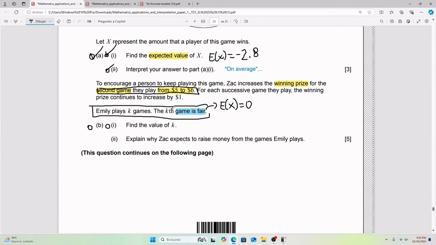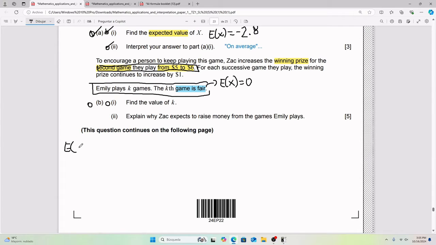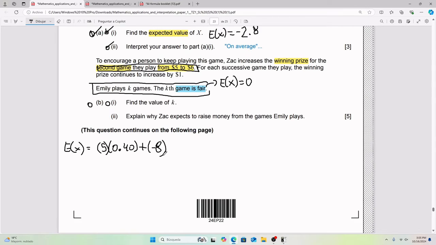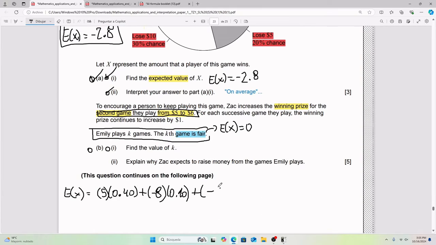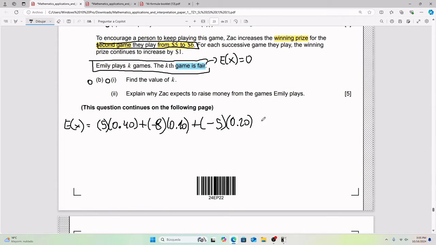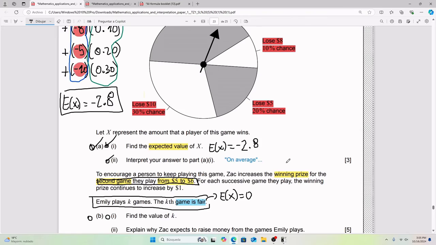So Emily plays K games, and the Kth game is fair. Find the value of K. Now, my expected value formula, let's rewrite it for part A I. So before we had this: 5 times 0.40 plus negative 8 times 0.10 plus negative 5 times 0.20 plus negative 10 times 0.30.